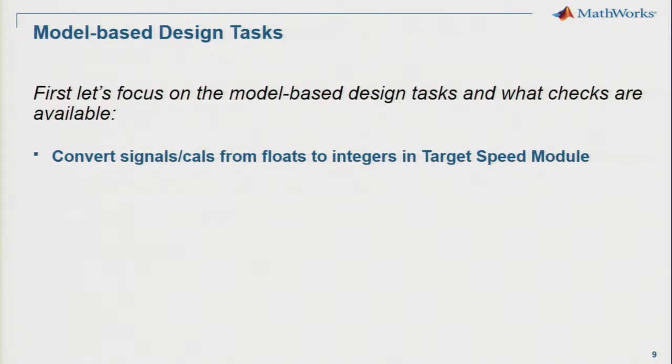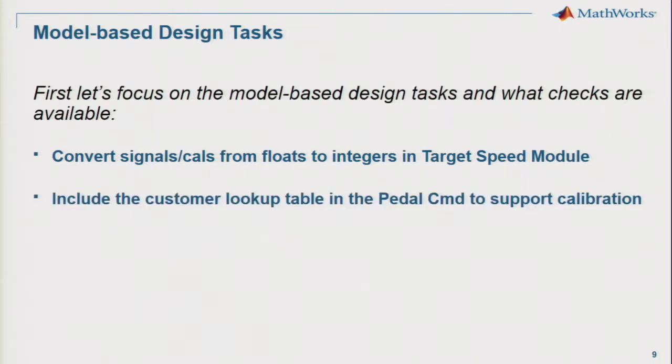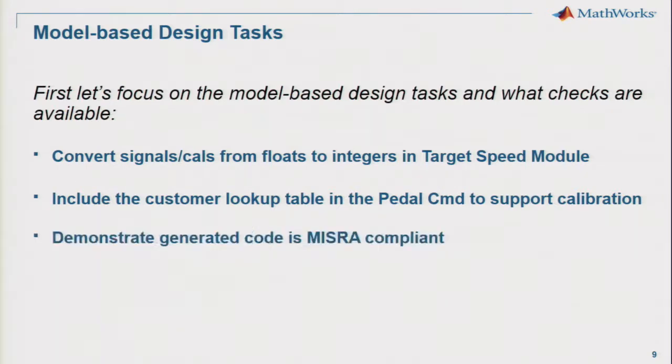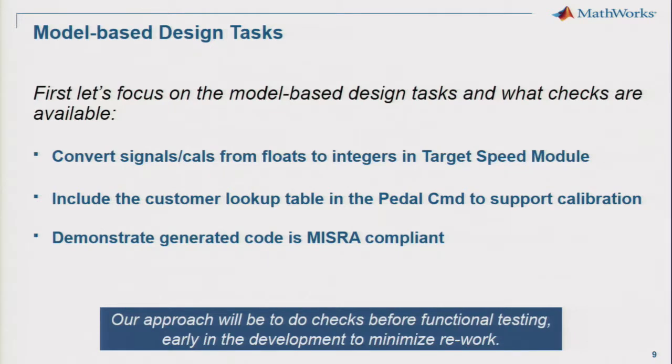So we're going to look at the task of converting the signal cals to integers, excuse me, from floats, and include the customer table, and then demonstrate the code is MISRA compliant. So again, the approach here is to do these checks before functional testing, early in the development to minimize rework, because we've done this in the past and tried to do the MISRA checking very late, and we end up possibly missing our deadline. So we want to do as many checks as we can early on in this environment.